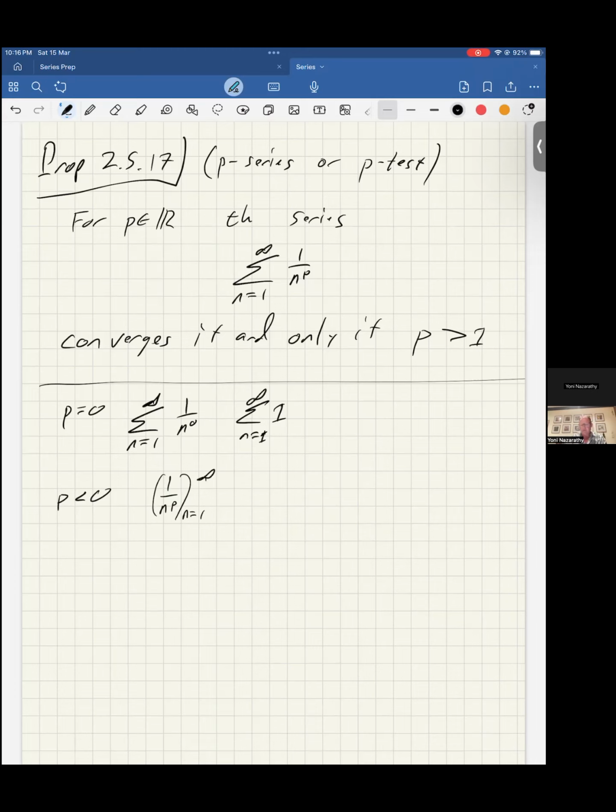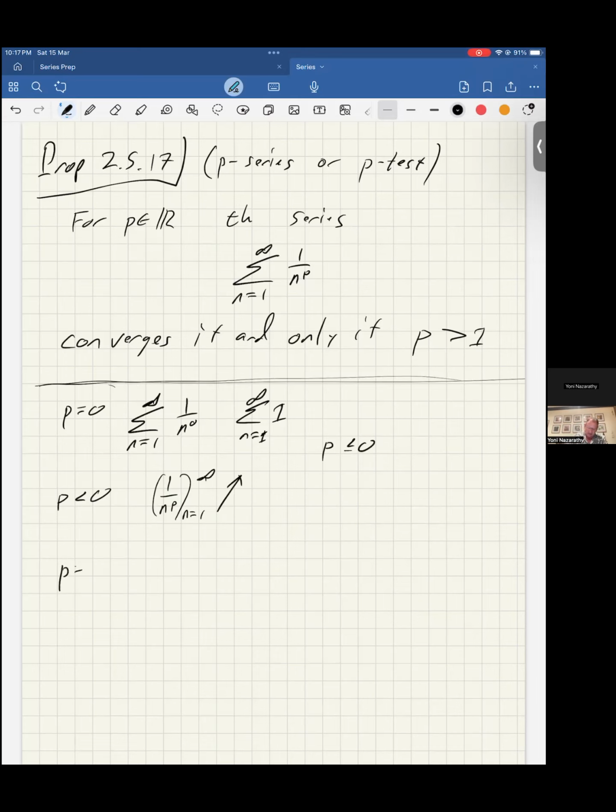For example, if p is -1, then the sequence is just n. So 1, 2, 3. The sequence increases. So again, it doesn't even converge to 0. It doesn't converge. So the series obviously doesn't converge. So for p less than or equal to 0, this proposition is interesting, but not as interesting.